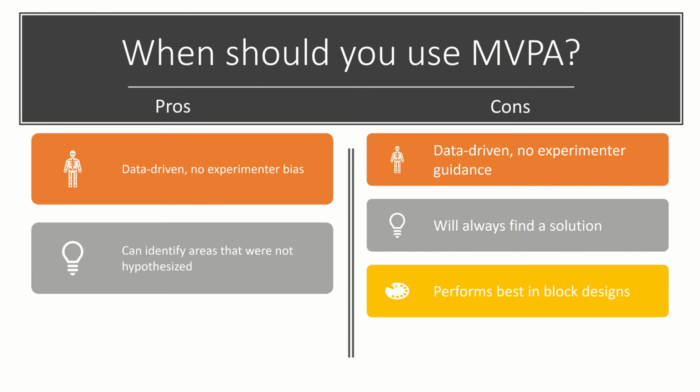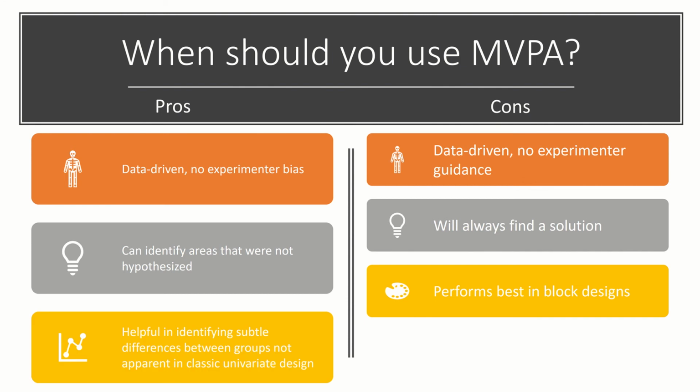Like we talked about earlier, it works best in block designs, which isn't always the most popular, most common way to do this type of imaging. But on the pro side, it can help identify differences between groups that aren't apparent or don't show up in univariate analyses.